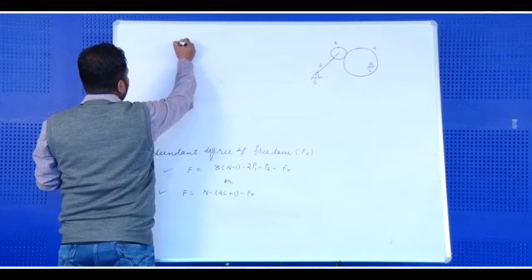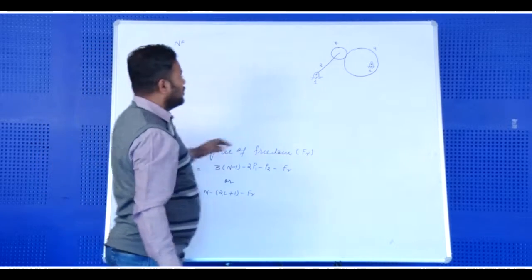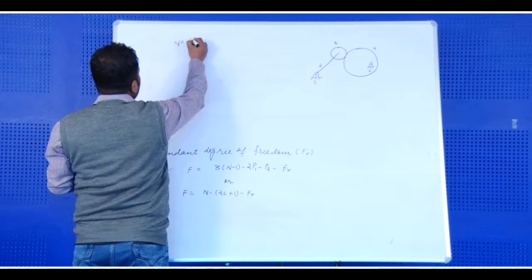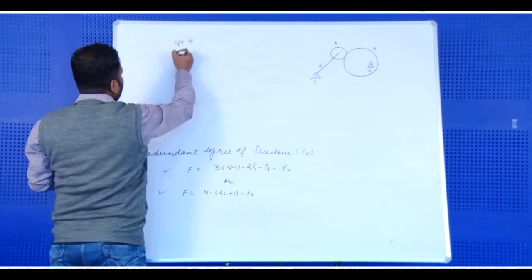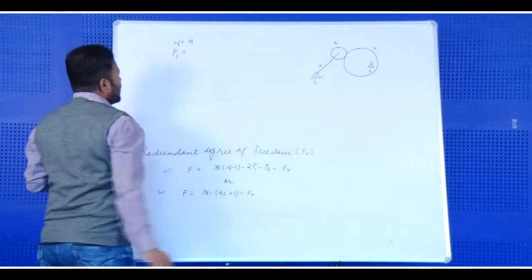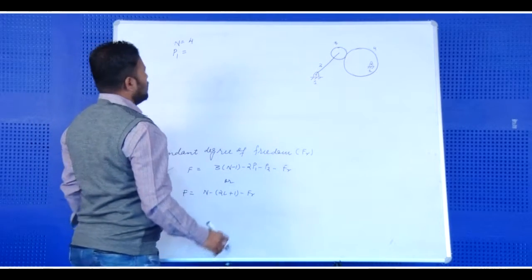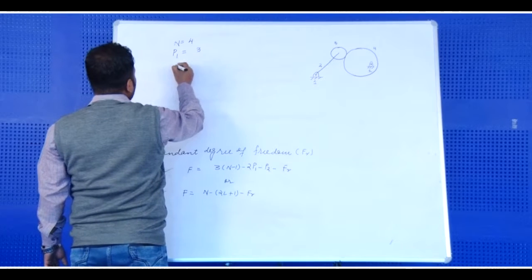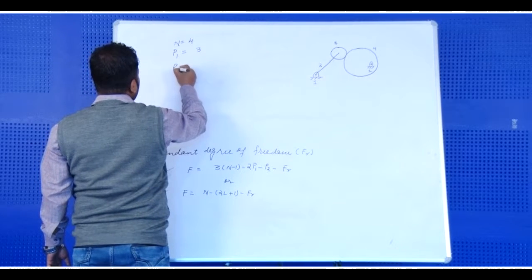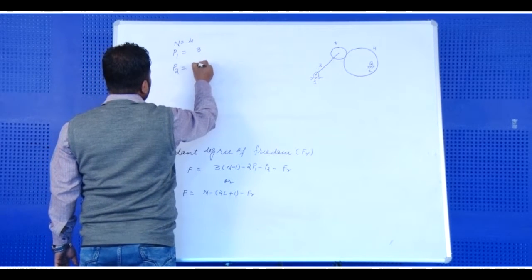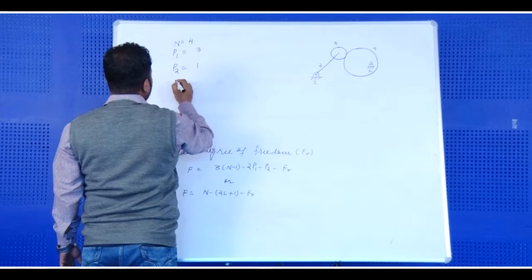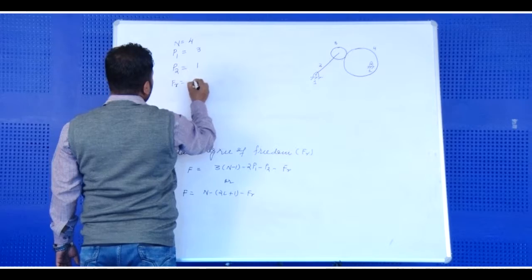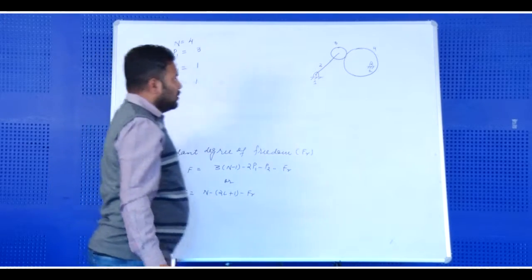Here the number of links is, as shown in the diagram, 1, 2, 3 and 4. Number of links is 4, pairs having single degree of freedom, or lower pairs, are 3, and pairs having 2 degrees of freedom are 1, and here we have redundant degree of freedom equal to 1.